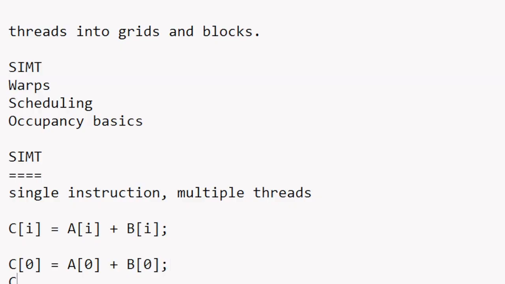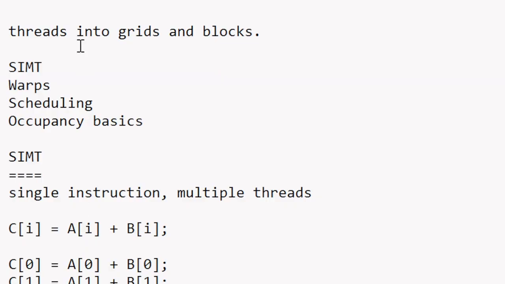Another thread will compute the index 1 element, and another thread will compute the next one, and so on. So the instruction is identical for every thread, only the data changes. This is what makes the GPU extremely effective for data parallel workloads.